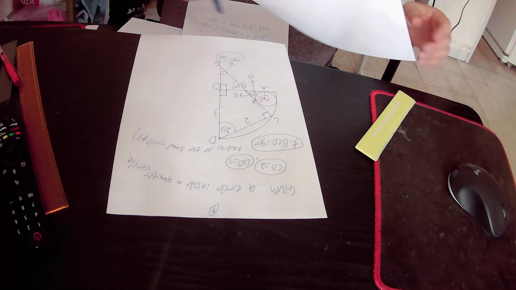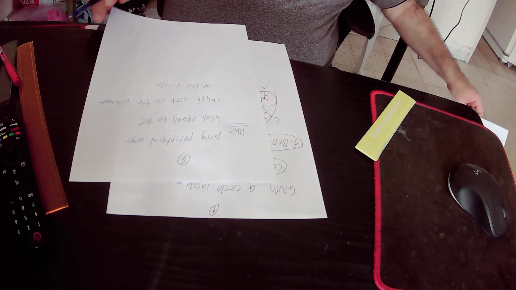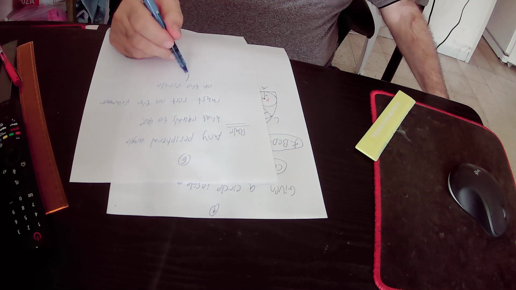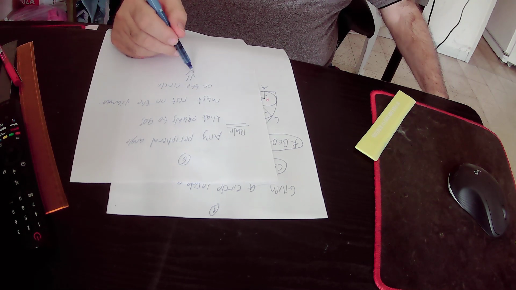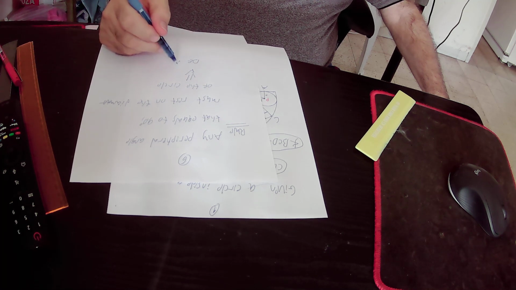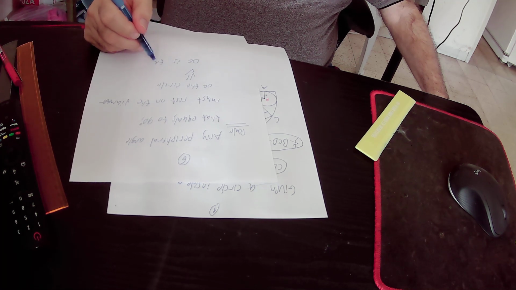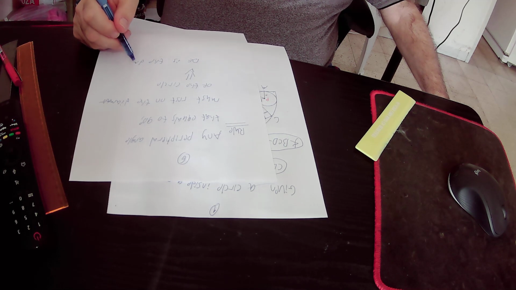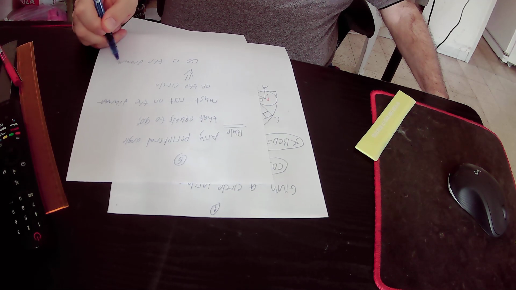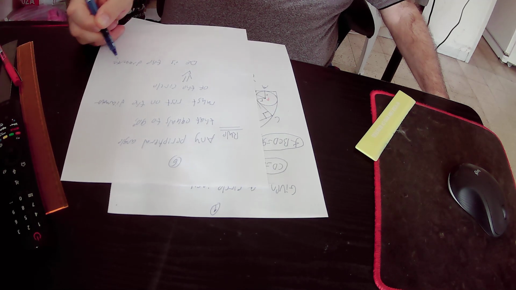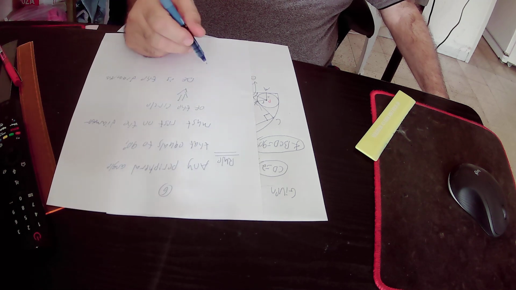So, from the rule that I stated to you, we can derive that DE is the diameter of the quarter circle.